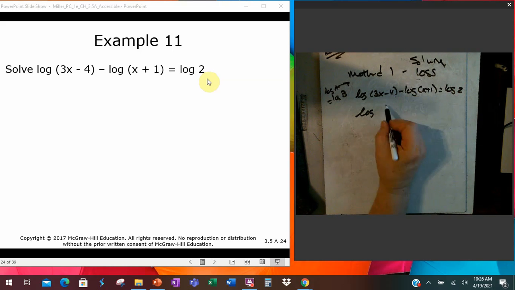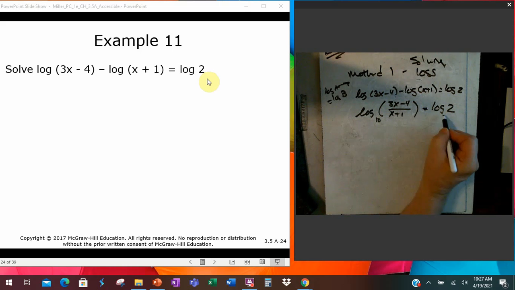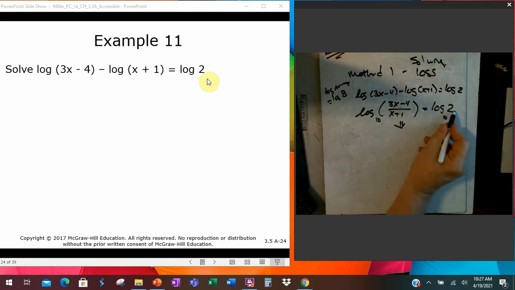Negatives go to division, top minus the bottom. So I'm using last week's rules to rewrite this as one log. That's equal to the log of 2, the same base. This is understood to be 10, this is understood to be 10. So that means this must be equal to that.